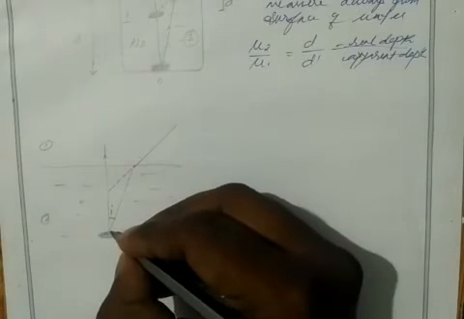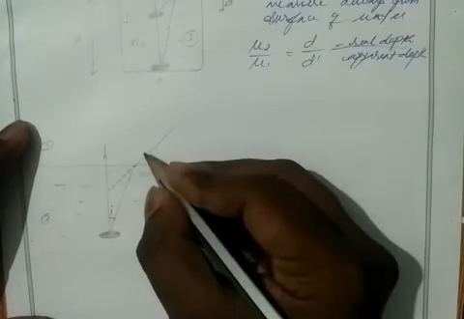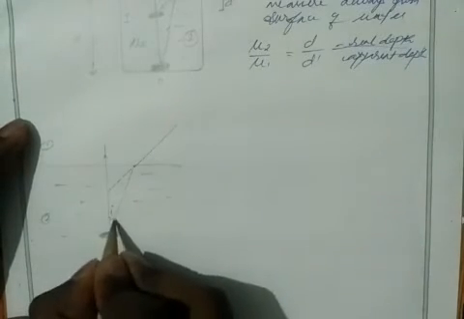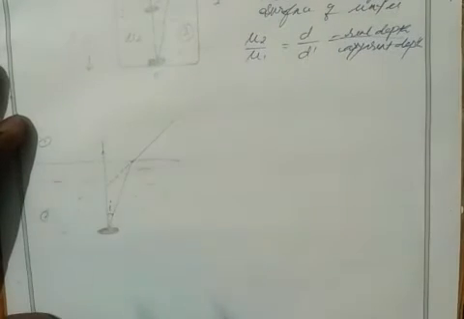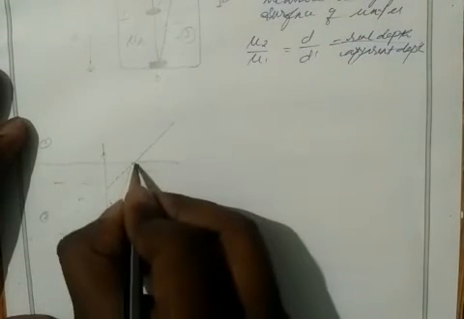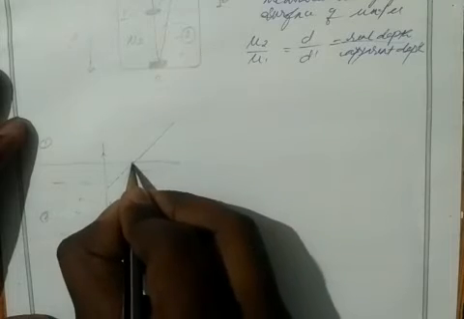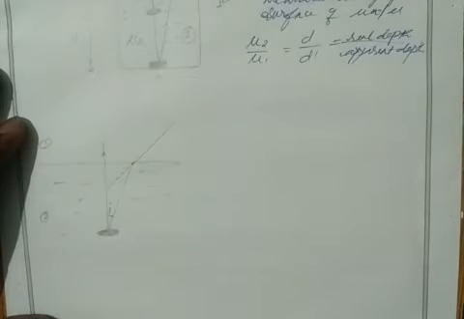Correct? Because light is coming from the source. So this angle is known as the angle of incidence with the normal line. Then after reaching the interface of the two media, it undergoes refraction.